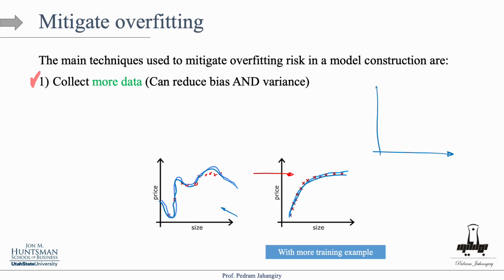Imagine you have, this is your error, and this is your model complexity. Okay, and you are doing, it seems you get something like this. No matter what you do, this is the performance of the model in the train set. Even in the train set, you cannot reduce the error as much as you want.